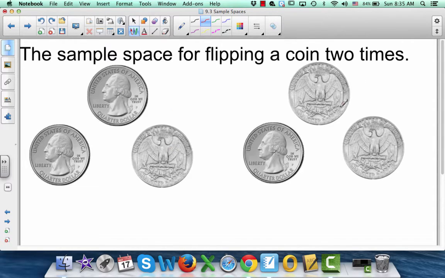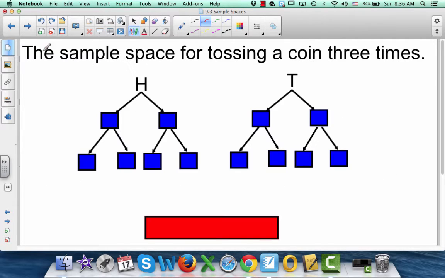On the other hand, if you've gotten a tails the first time, when you flip it the second time, you could get heads or tails. Once again, the first time you flip it, you can get a heads or a tails, and the second time you flip it, you can get heads or tails. That's the sample space.